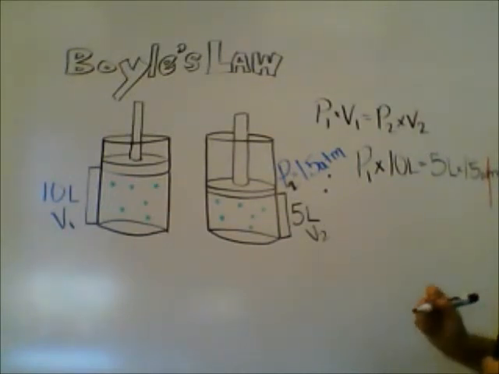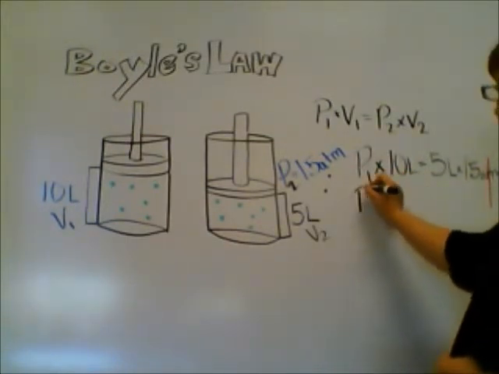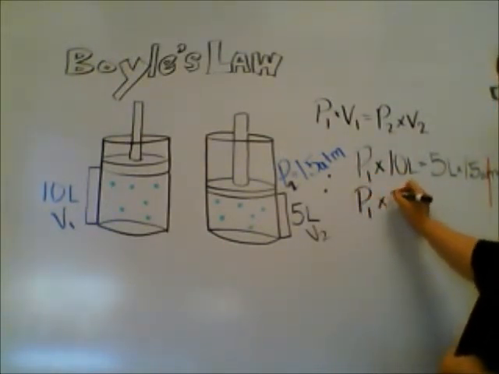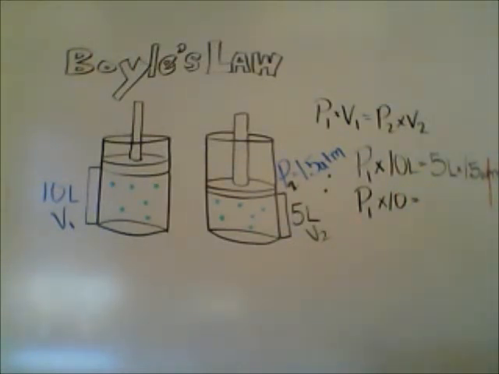Okay, so we're going to multiply them out. So we still wind up with P1 times 10 is equal to, what's 5 times 1.5? So that should be 5 times 5 is 25. 5 times 1 is 5, so that's 7. And then we move our decimal point in 1, 7.5.